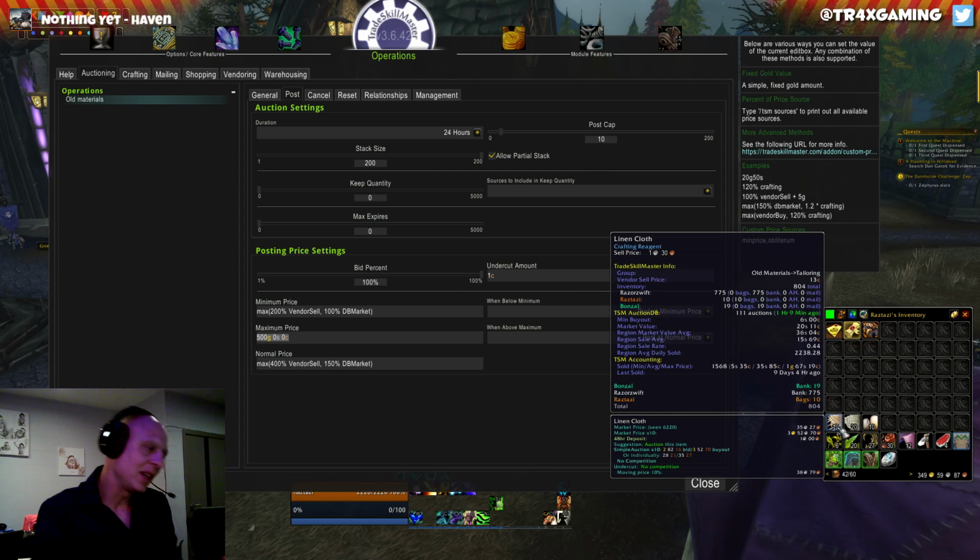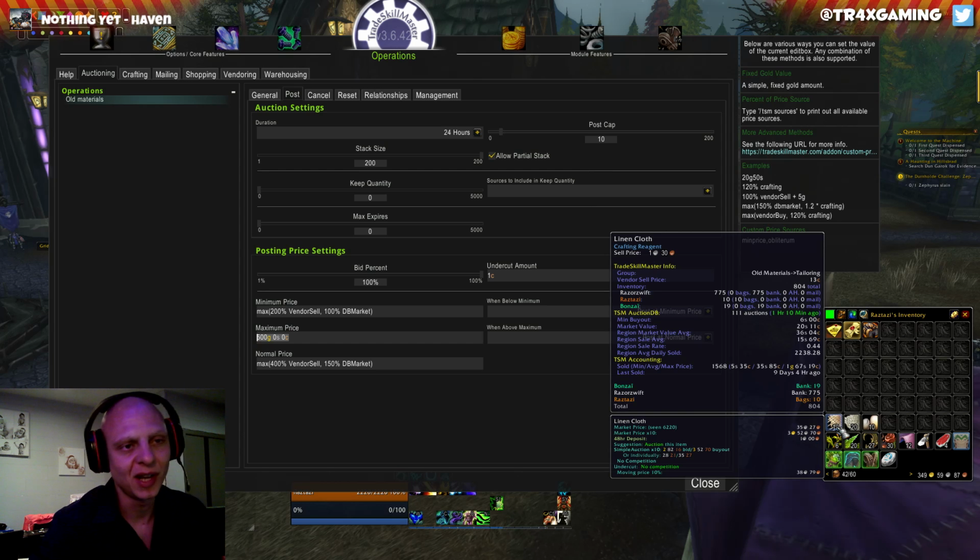And maybe a maximum price. Let's say every week somebody is making old world items from professions and he needs a bunch of linen cloth. He needs a lot more. So maybe we have the chance to sell it at a higher rate. Let's say he cleans up the entire auction house buying 10,000 linen cloth.